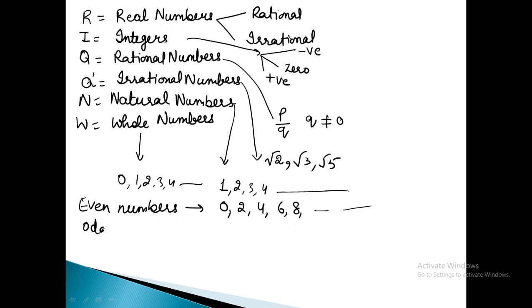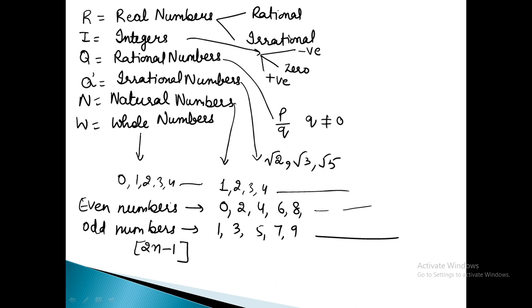And odd numbers are 1, 3, 5, 7, 9. Those numbers which are not divisible by table 2 are odd numbers. Or you can say these odd numbers are in the form of 2n minus 1 and even numbers in the form of 2n.